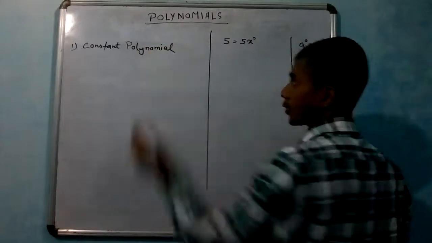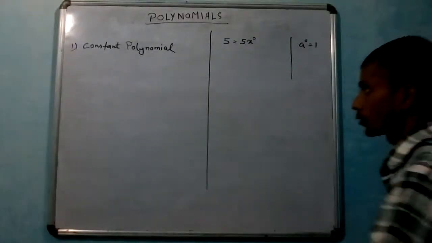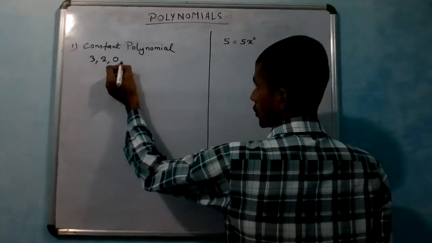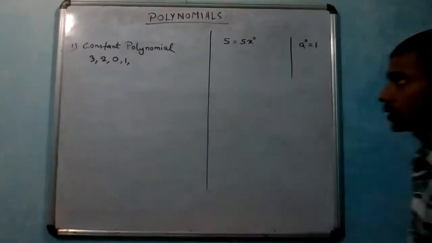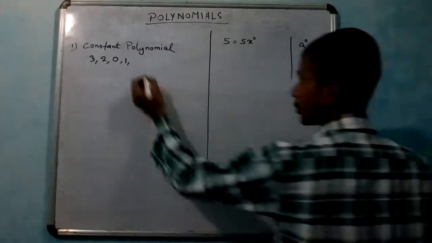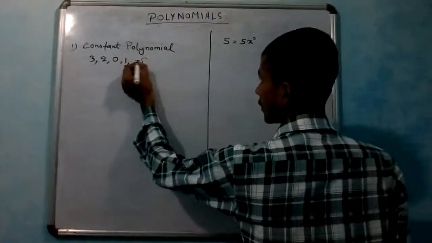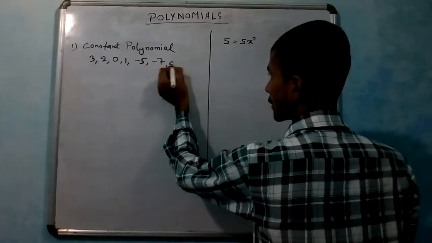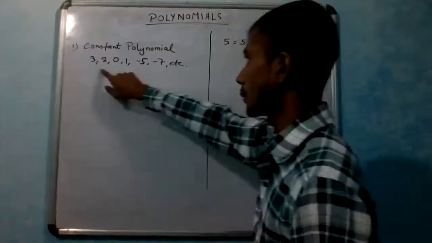In the constant polynomial we can write 3, 2, 0, 1, -5, -7, etc. All these are constant polynomials.